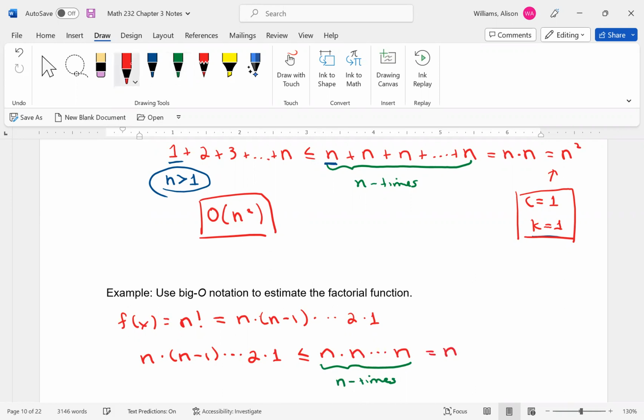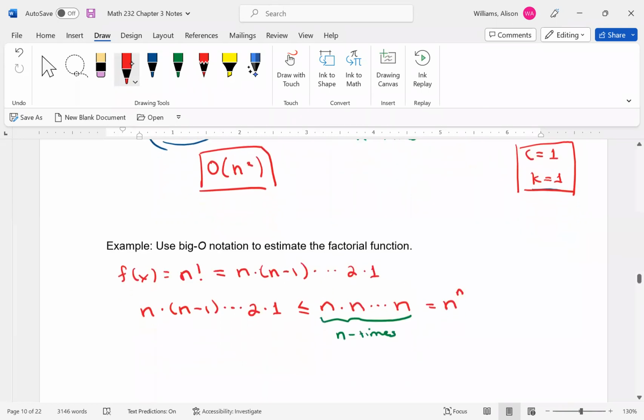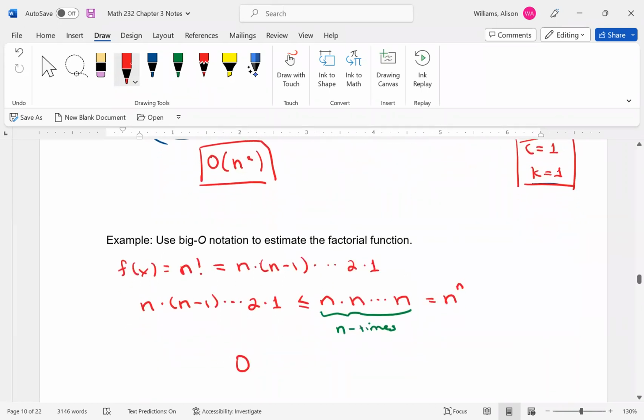So that's n to the n. So there we are. There's the big O. C is again going to be 1. And this inequality holds as long as n is bigger than 1. So there's our k value.